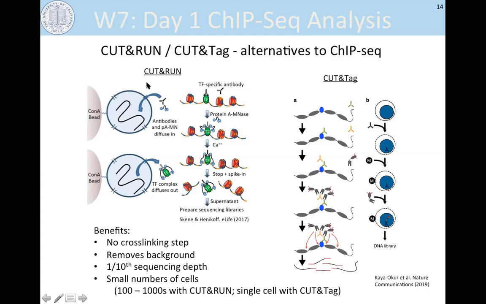So the CUT&RUN protocol involves isolating nuclei, but actually I think updated protocols skip the nuclear isolation and use cells that are permeabilized, maybe by digitonin, which allows you to diffuse in your antibody.